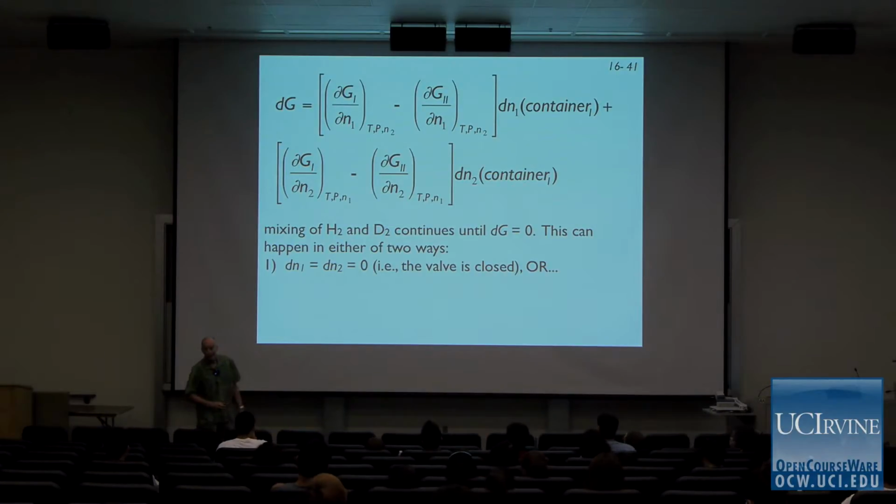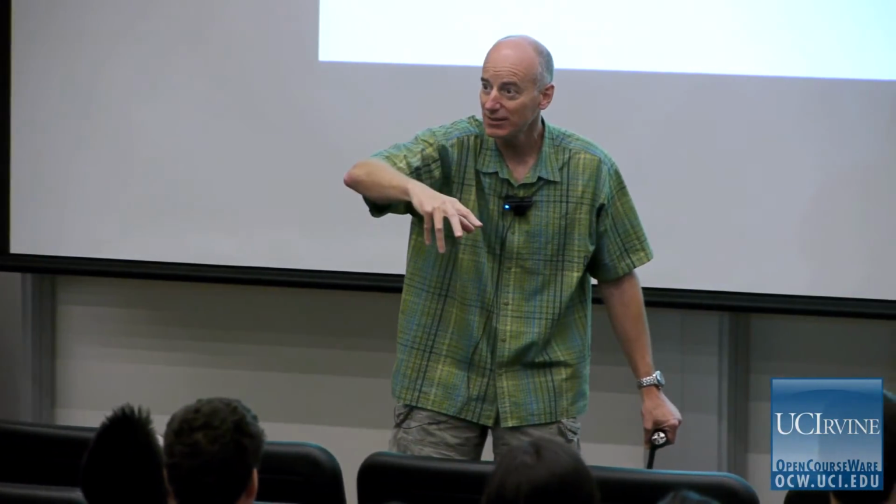There are only two ways that can happen. One way is if dN1 and dN2 are both 0. In other words, nobody ever opened the valve and it stayed closed. There's no change in the number of moles flowing between these two bulbs. All the hydrogen stays on one side, all the deuterium stays on the other side, and under those conditions, you're at equilibrium with the valve closed. Nobody ever opened the valve. Well, that's not the case that we care about.